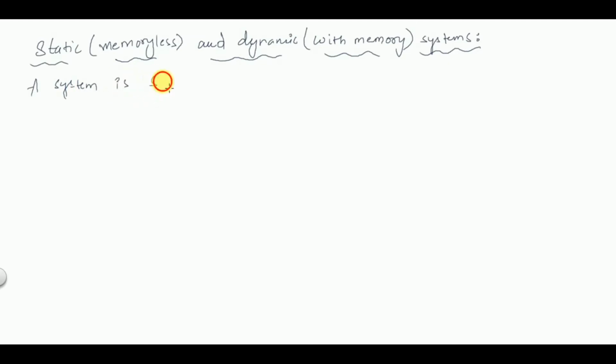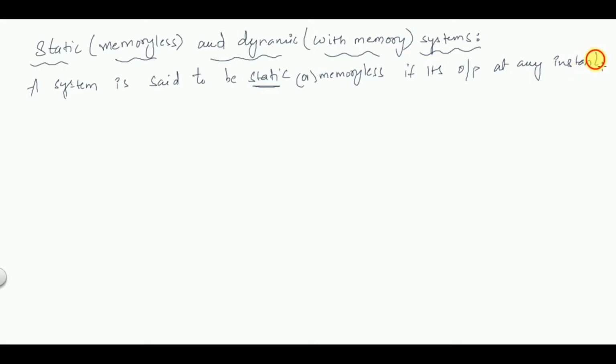So static system. A system is said to be static. So the name only specifies it is static. Static means it depends only on the present value. Okay, a system is said to be static or memoryless if its output at any instant depends on the input at that instant only.